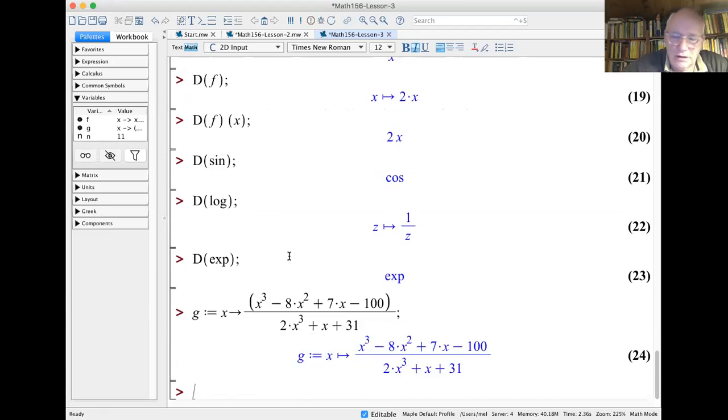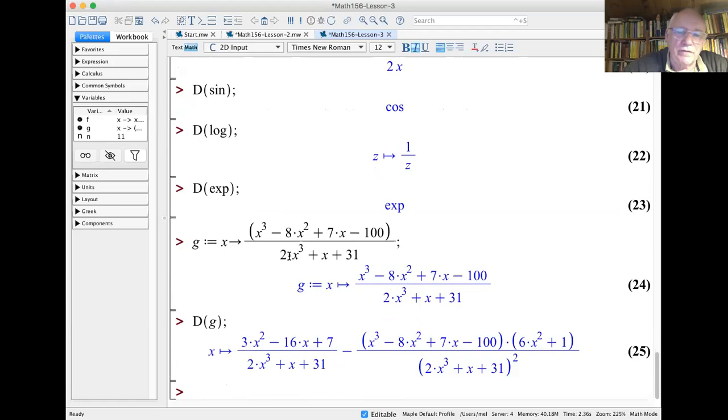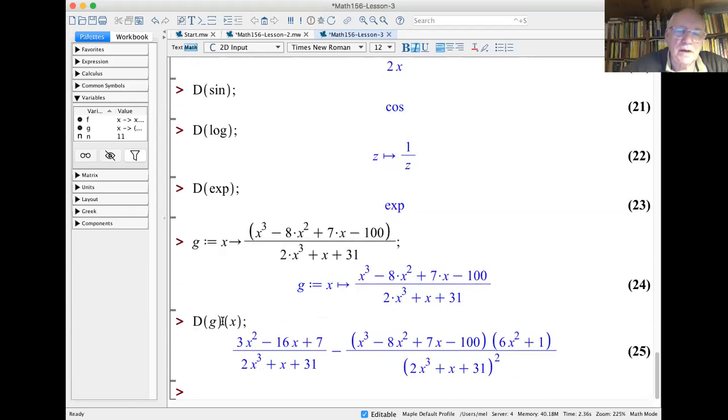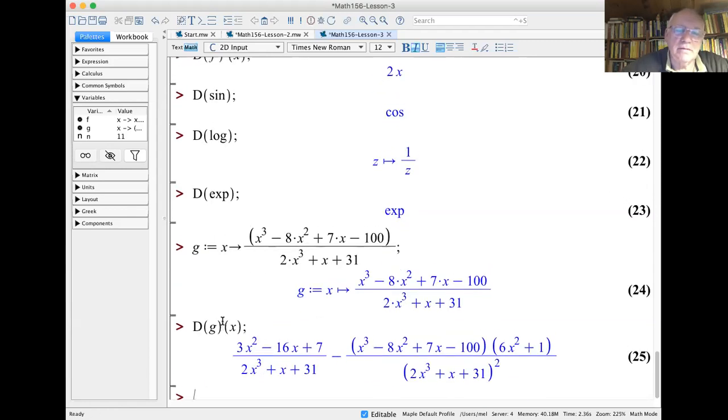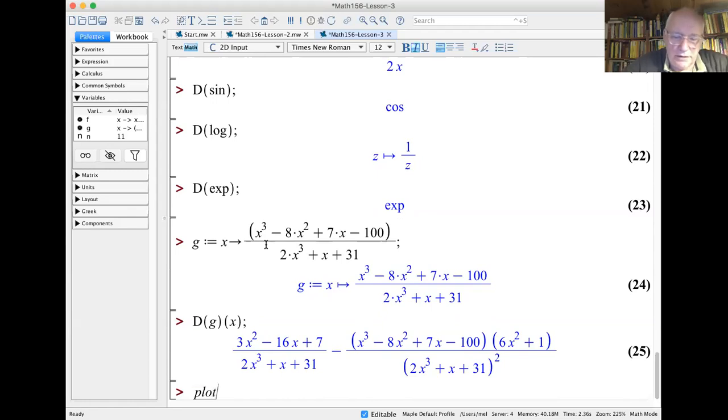That's a function. And if I want to know what is the derivative of that function evaluated at x, well, you just write it like this. The derivative of the function is this function. If I want this function evaluated at x, what's that? What does this function look like? Well, let's plot it and see.